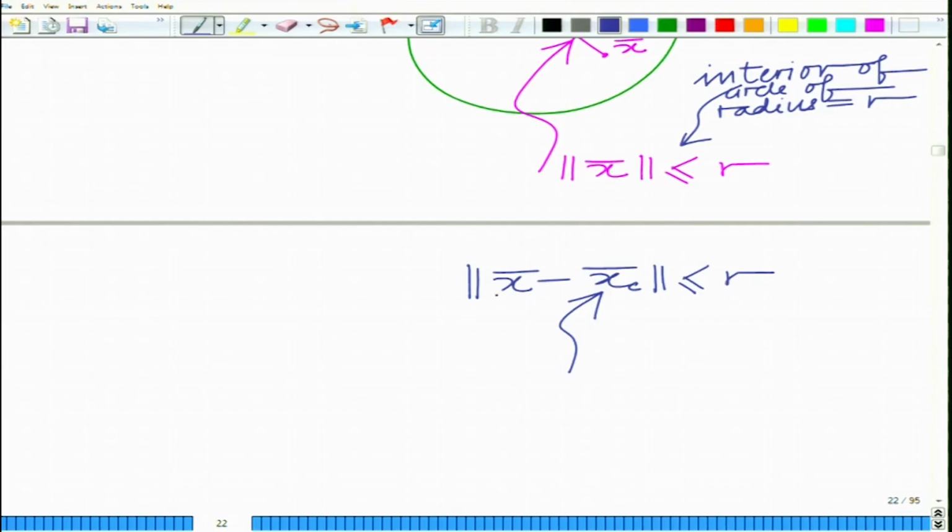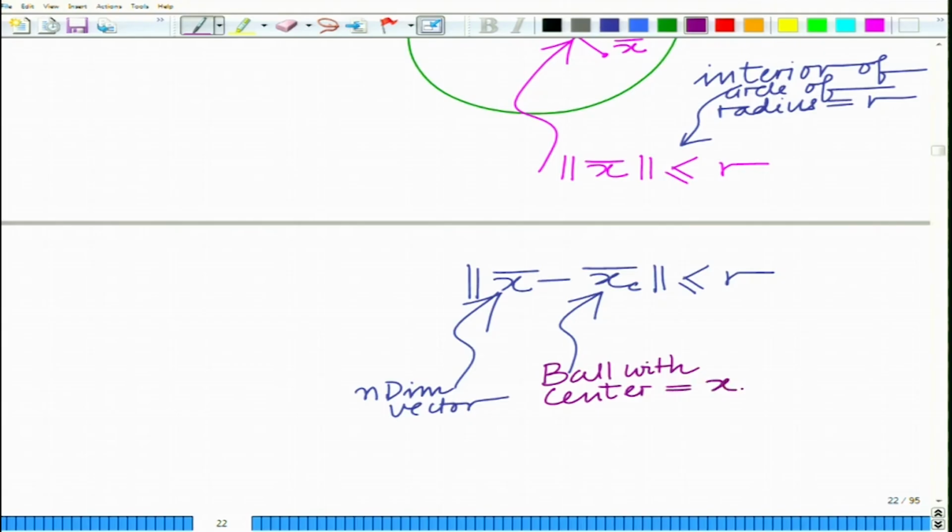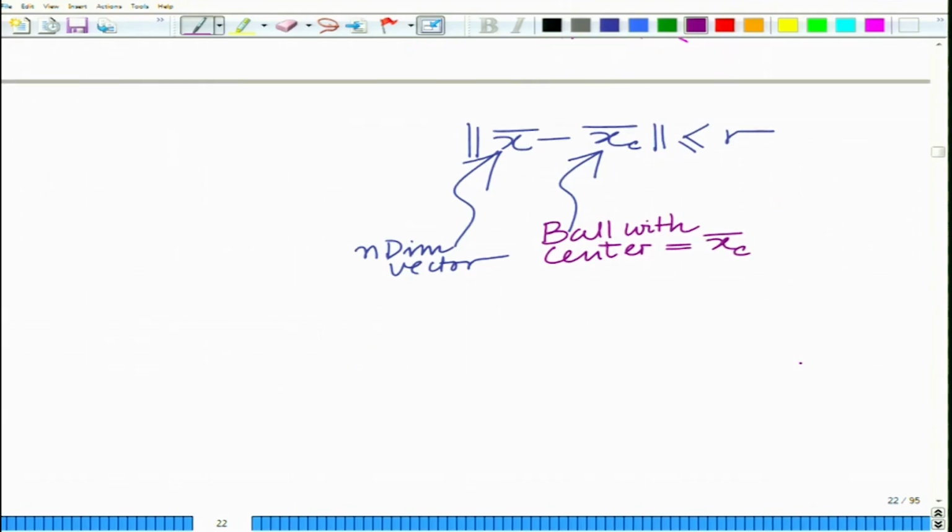In fact, if x bar is an n dimensional vector, this is a sphere or ball with center at xc bar. So, this describes the interior of an n dimensional ball with center xc bar and radius r.